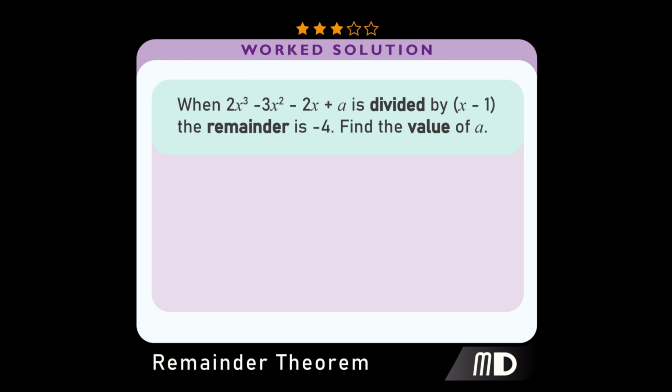In other words, if you divide a polynomial f of x by x minus a, the remainder you get is the same as the value of the polynomial when you substitute a for x.